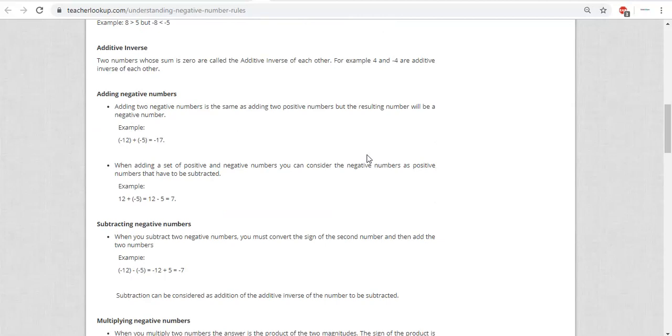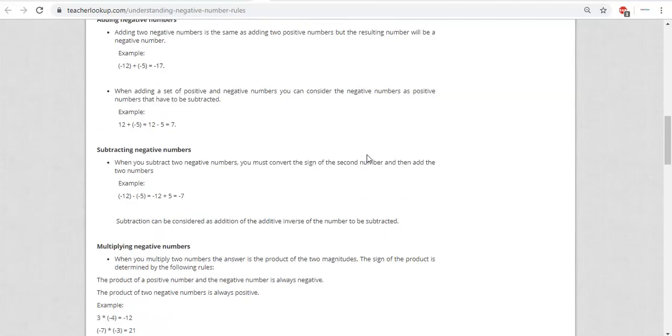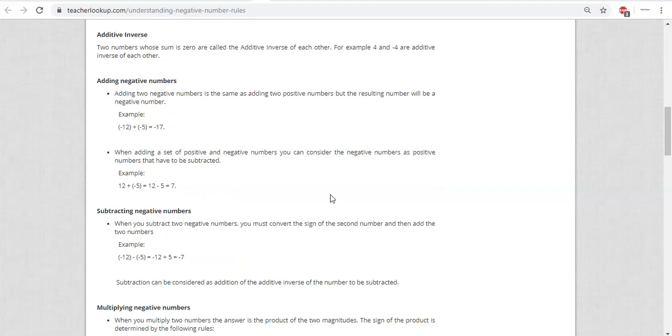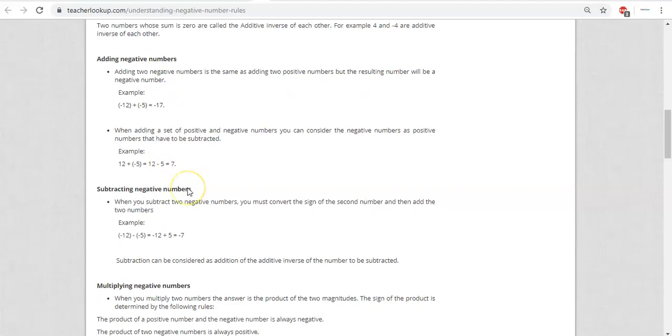Example, -12 plus -5 is equal to -17. When adding a set of positive and negative numbers, you can consider the negative numbers as positive numbers that have to be subtracted. So for example, 12 plus -5 is equal to 12 minus 5, which is equal to 7.